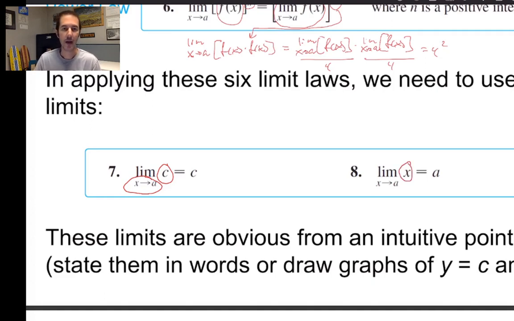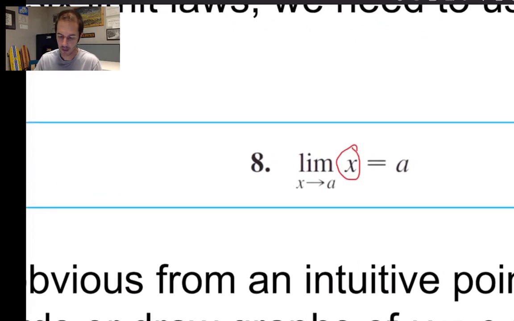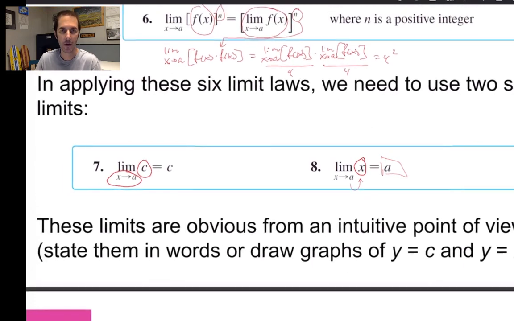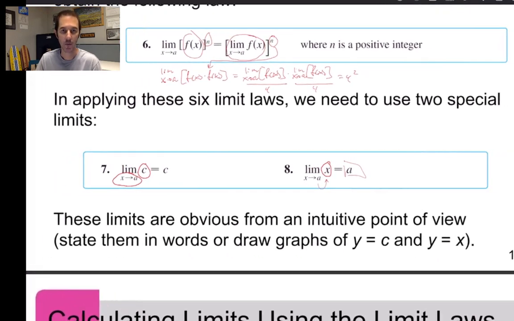X to the first power is a very basic version of a polynomial, and limits of polynomials can be evaluated by direct substitution. So in this case, we would take this a value, plug it directly into that polynomial, and we would get out an answer of a. And we're going to see some other instances of evaluating limits of polynomials, and you'll hear me remind you to use direct substitution.